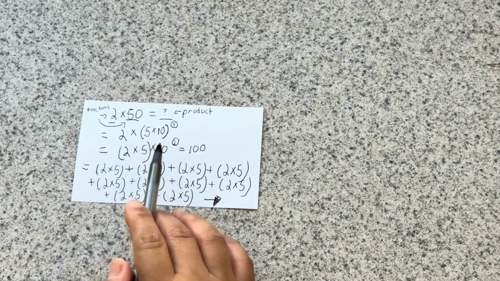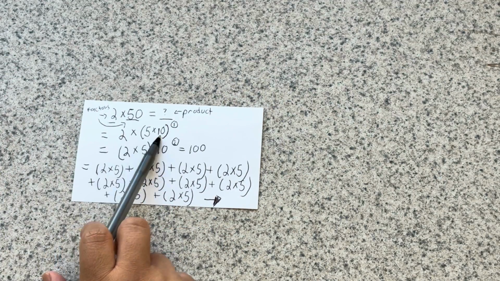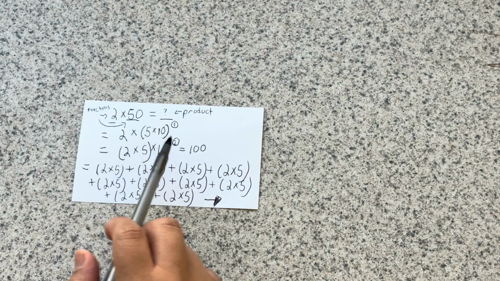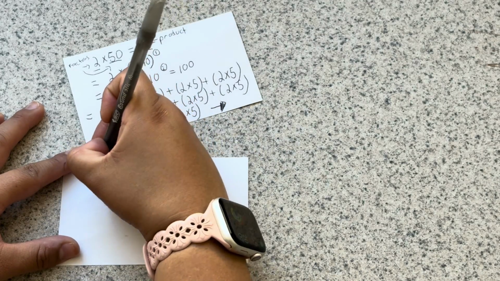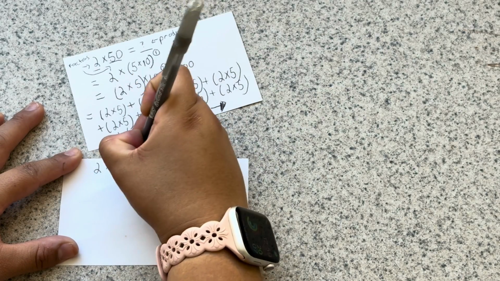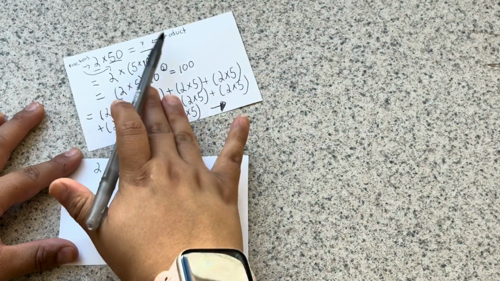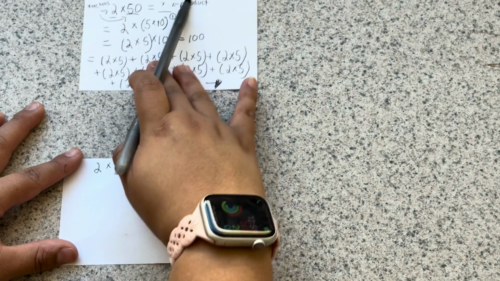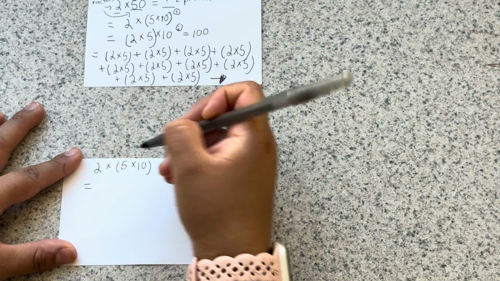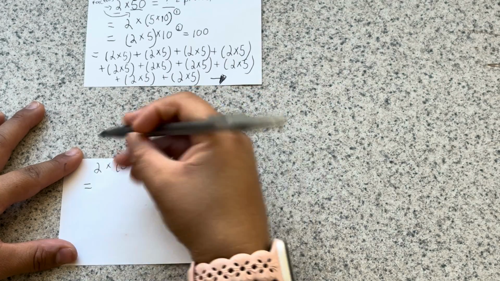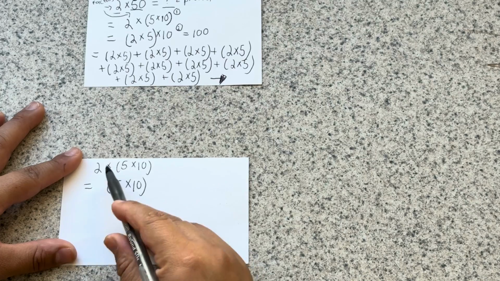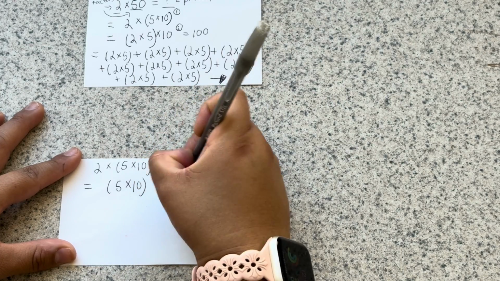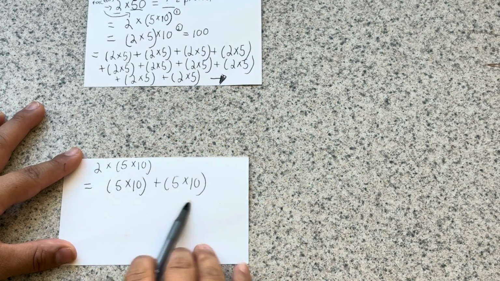Another way we can solve it is using this equation, which again was just the same thing, except you're changing the groups. So a way that I would do that is 2 times 5 times 10, which again is just the first equation. We are going to do 2 groups of 5 times 10. So you would do 5 times 10, which is 1 group, plus 5 times 10, which is 2 groups.